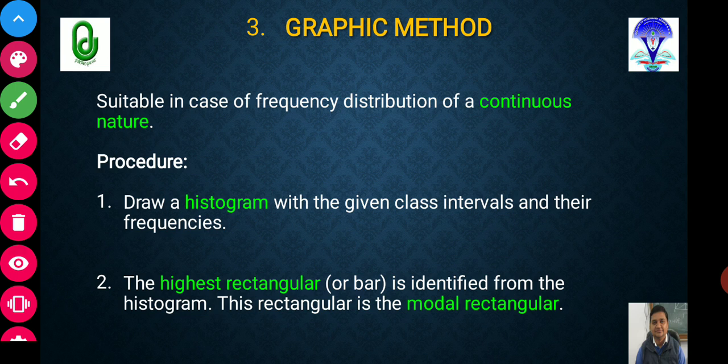Now, the third method is the graphic method. This is suitable in case of frequency distribution of a continuous nature. You have already seen, if your data is of continuous nature, then finding mode by the grouping method means first preparation of grouping table, then preparation of analysis table, and then finally you have to apply the formula in the model class.